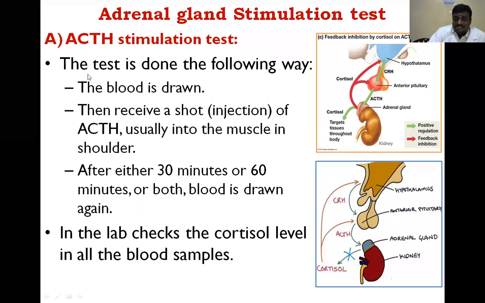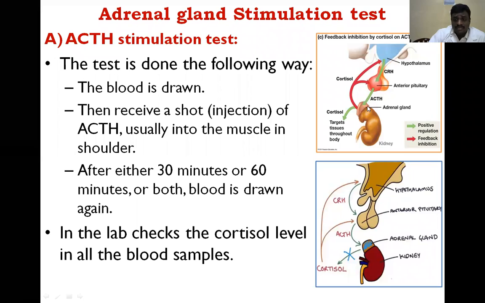For this test we need to collect samples. Before injecting the adrenocorticotropic hormone, we need to collect one blood sample. Then after administration of the hormone, we need to collect two samples at 30 minutes and 60 minutes. So we need to collect 3 samples: one before injection, two after injection.